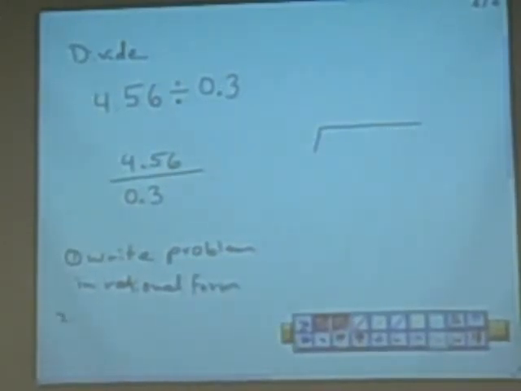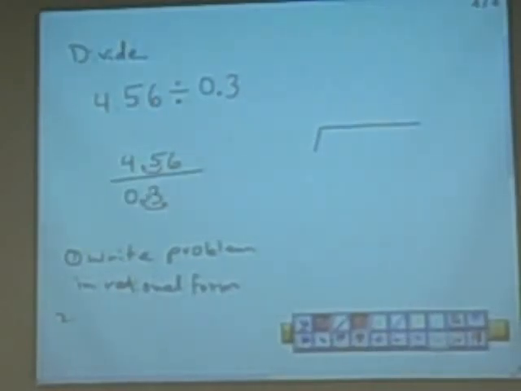The next step, you have to move that decimal point for your divisor to where it's behind the units place. So in this case, we're moving that decimal point one place. But when we do that, we move that decimal point one place for your numerator as well. Technically what you're doing here is multiplying the numerator and denominator times 10, right?